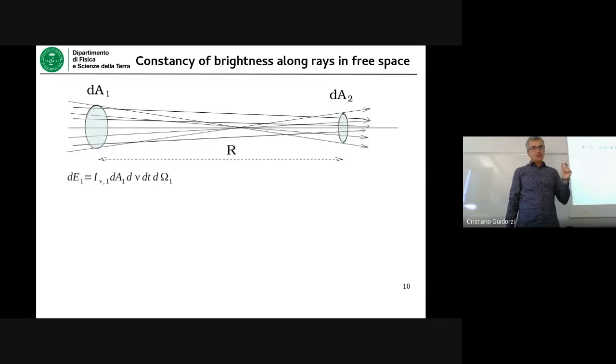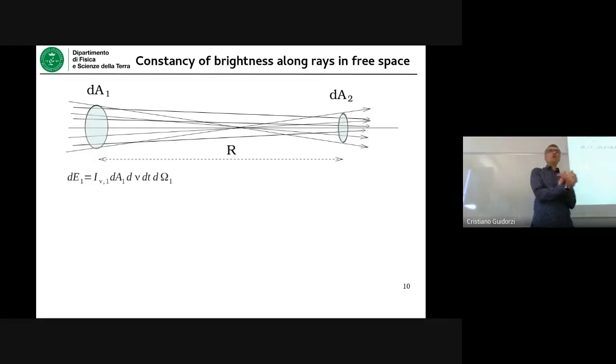By definition, it follows straightforwardly from the definition of I. This is just I nu 1, because I'm thinking of the surface at point 1. I remind you, the specific intensity is energy per unit surface, per unit frequency, per unit time, per unit solid angle. So you have to multiply all the corresponding intervals. The surface element we are considering is just dA1, times a generic frequency interval d nu, times a generic time interval dt, and d omega 1.